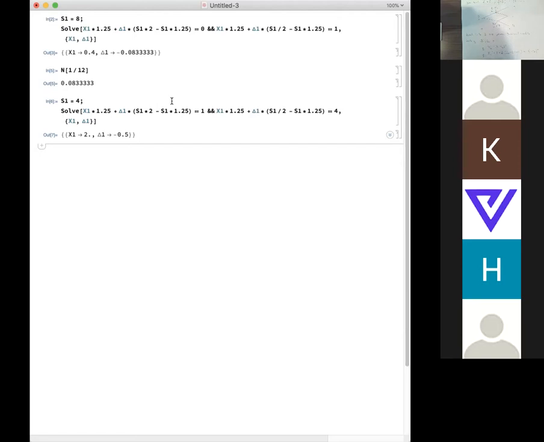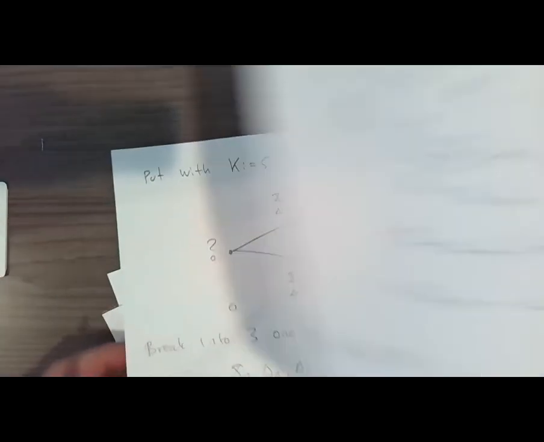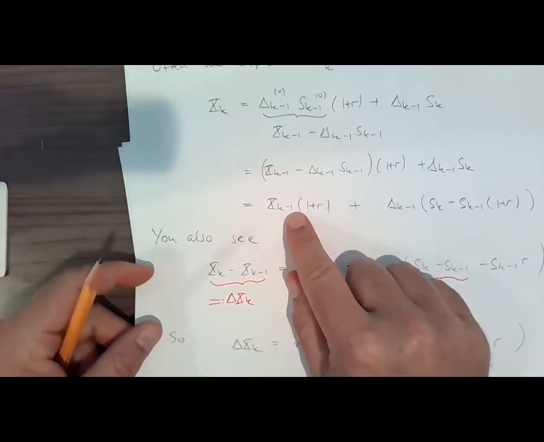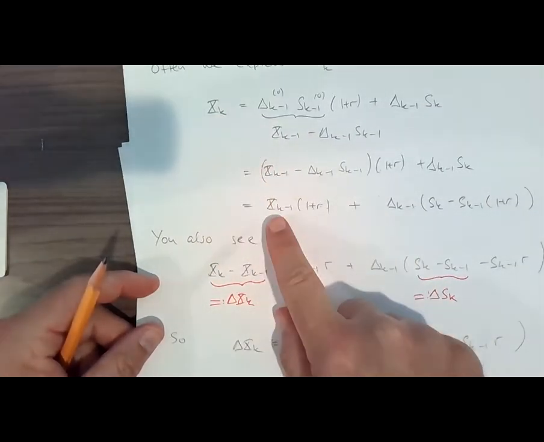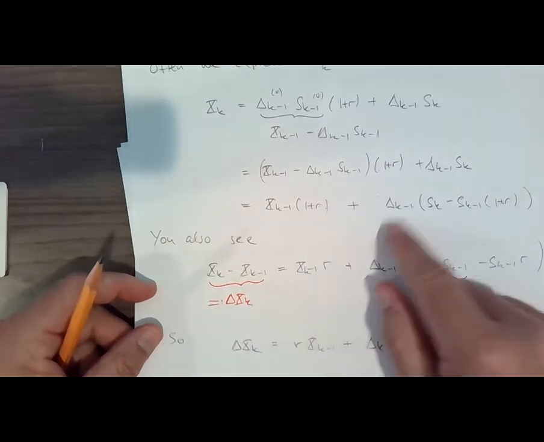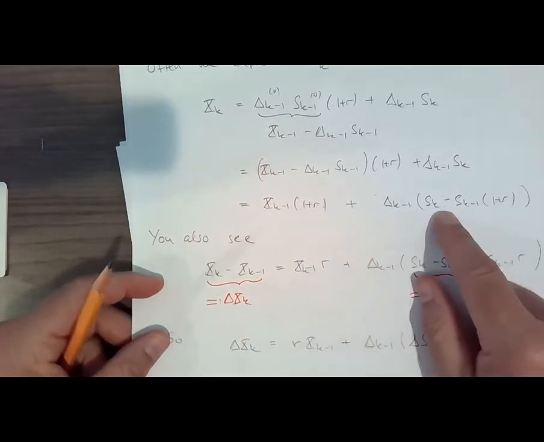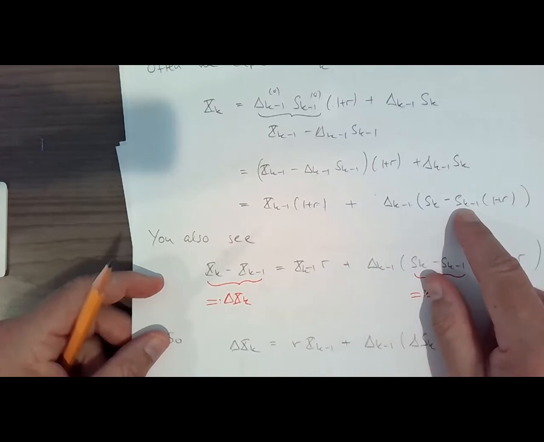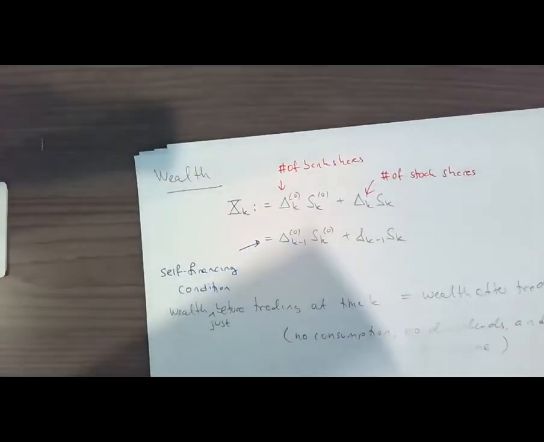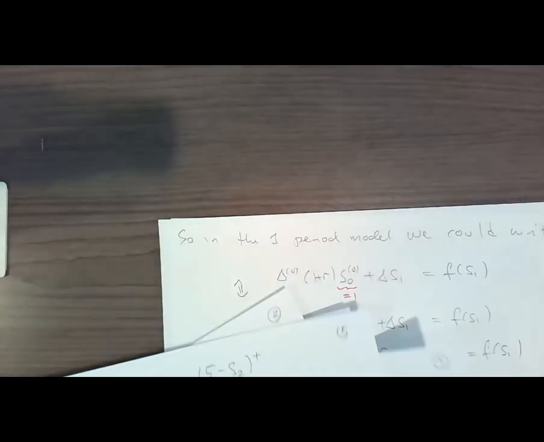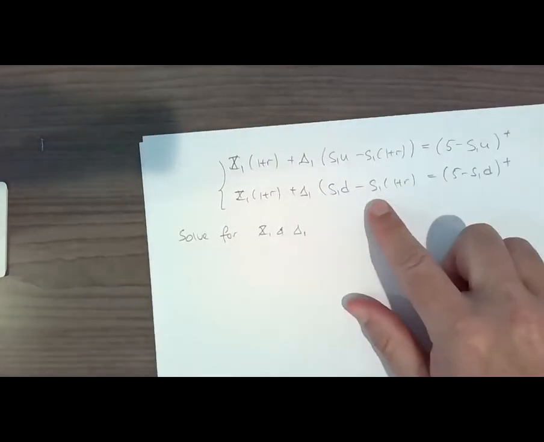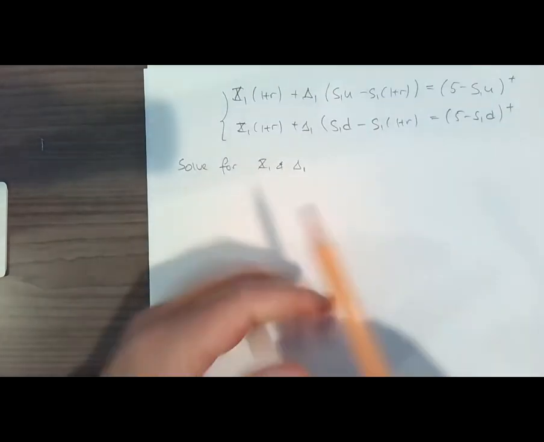We're not putting in S0 here. What we are putting in is this formula that we had derived. So x2 can be written as x1 times 1.25 plus delta times this difference here. If I plug that in to the formula, I will have these two equations ultimately.